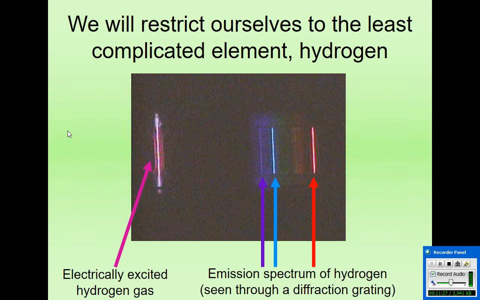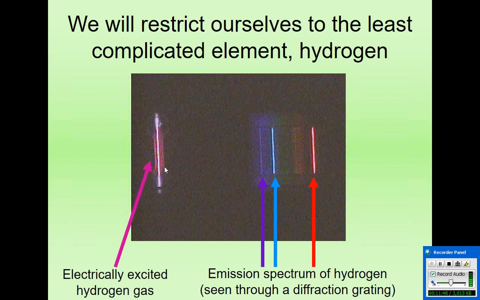When you look at electrically excited hydrogen gas, you will see kind of the purplish emission, a light purple that you see in the figure on the far left. That vertical light purple line is hydrogen gas being electrically stimulated.